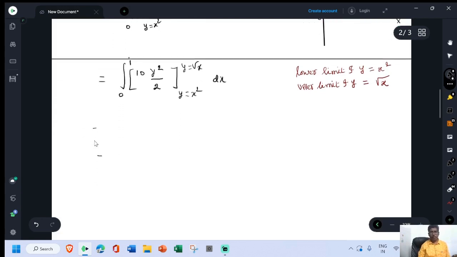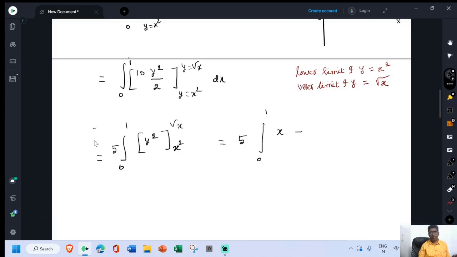Then substitute: 0 to 1, 10 by 2 is 5, y square. This equals 5 into the integral from 0 to 1, where y equal to root x, y square is x, minus the lower limit y equal to x square, y square is x power 4, multiplied by dx.